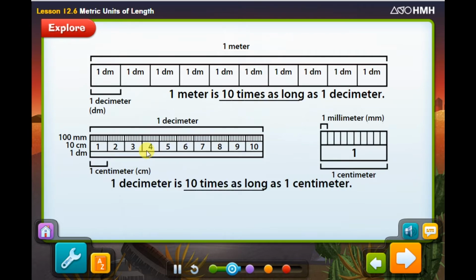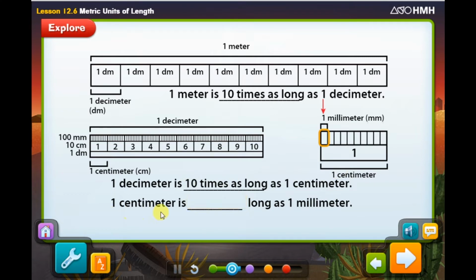Now let's relate centimeters to millimeters. How does 1 centimeter compare to 1 millimeter? The 1 centimeter is bigger than a millimeter, and 1 centimeter contains 10 millimeters. It means you multiply by 10 to find how many millimeters in the centimeter.